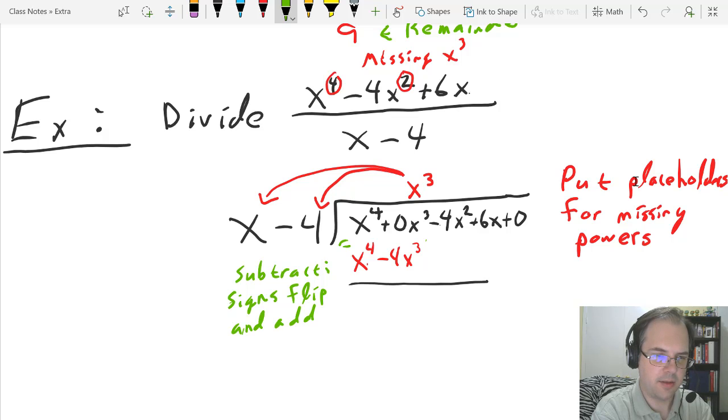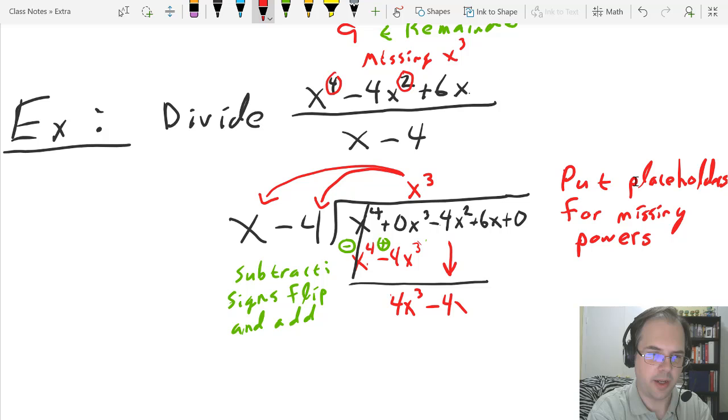So this will turn into a negative, this will turn into a positive, and if we take the negative with the positive up above, those will cancel each other out, because this is now negative x to the 4th and a positive x to the 4th, so they'll cancel. And now this is plus 4x cubed plus 0x cubed, that adds to plus 4x cubed. Now the next step for long division is to bring down, so we bring down the next term, negative 4x squared. And we start the process over again.